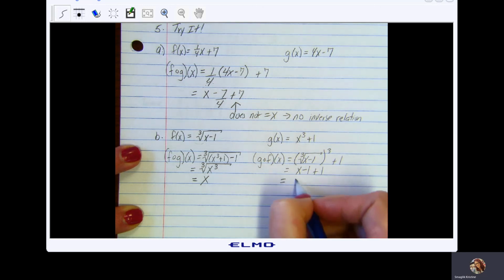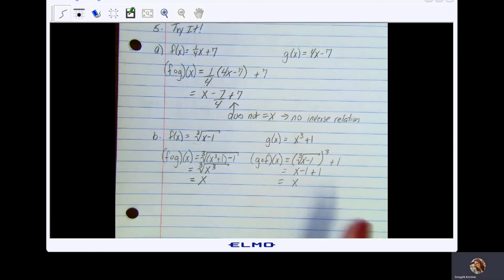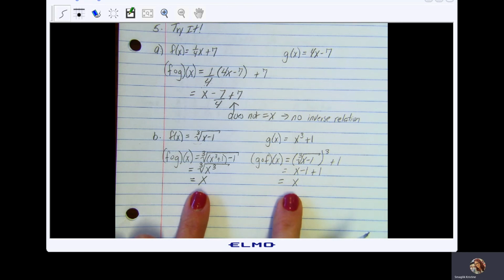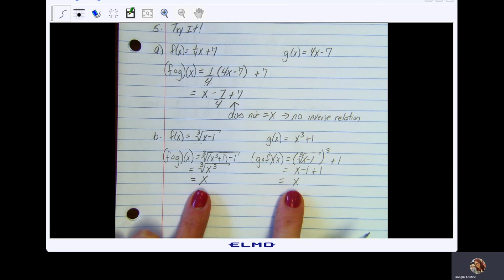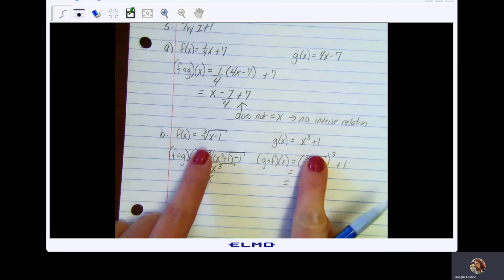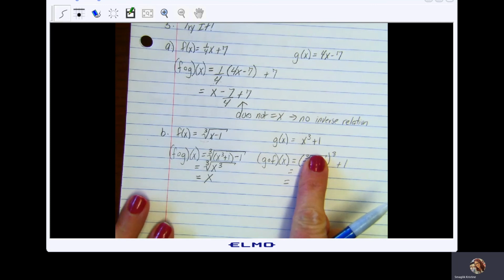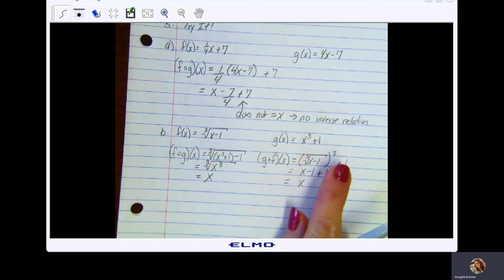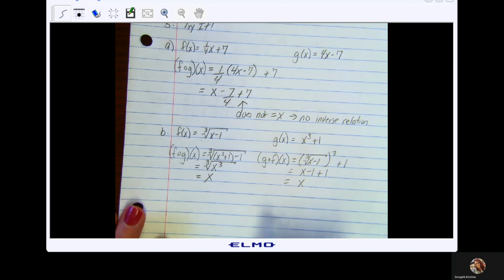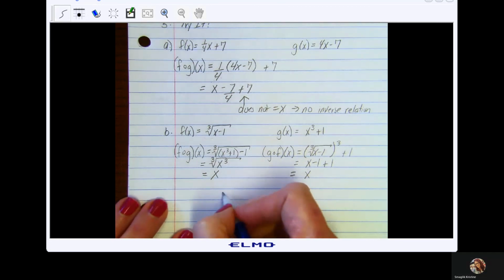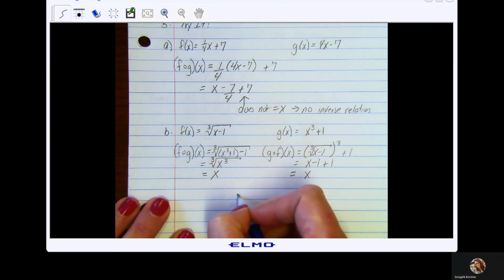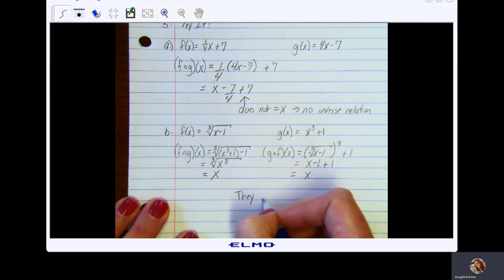And I am left with just x. Because I composed these functions in both directions, and I'm left with results that equal x, this tells me that my functions are in fact inverses. We'll just simply say they are inverses.